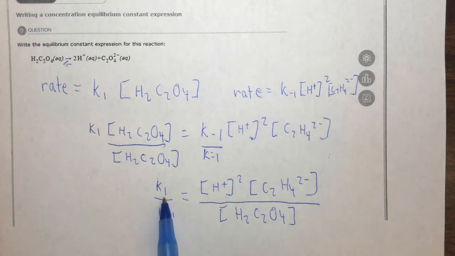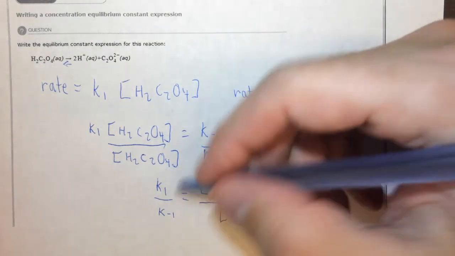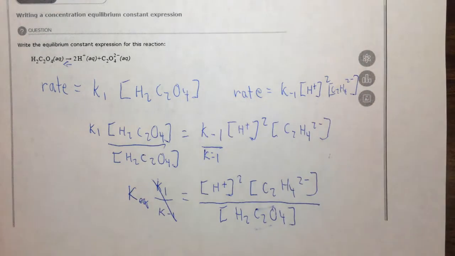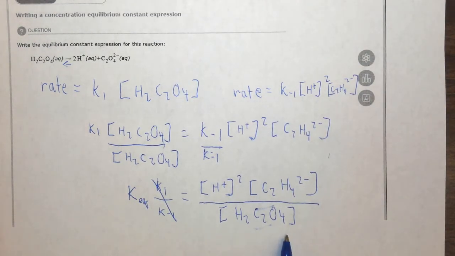Now, K1 over K minus 1 is a constant over a constant, which is just a new constant, which is sometimes called K and sometimes called KEQ. And this is how you would derive this expression.